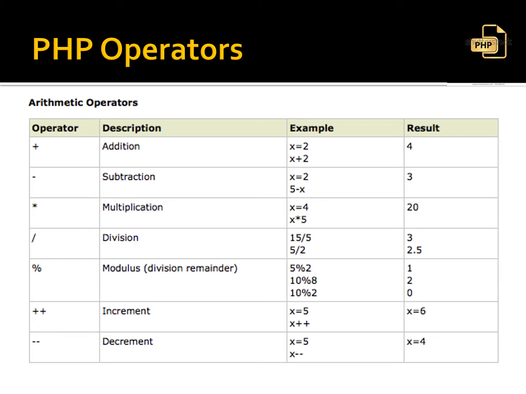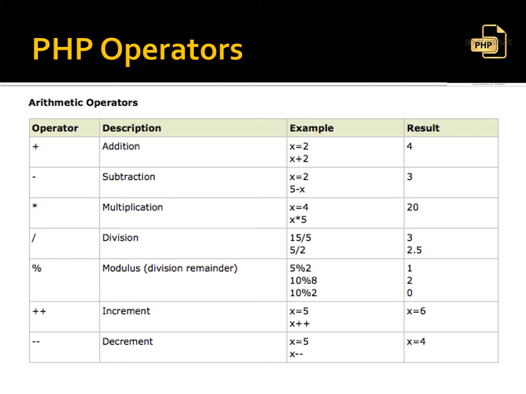Here we have the plus operator, which is used for addition, then the minus operator, which is used to find the subtraction, that is the difference between two numbers, then the star asterisk operator is used for multiplication, then slash is used for performing division, then modulus is used for performing the modulus operation or division remainder, then plus plus is our increment operator, and minus minus is our decrement operator.